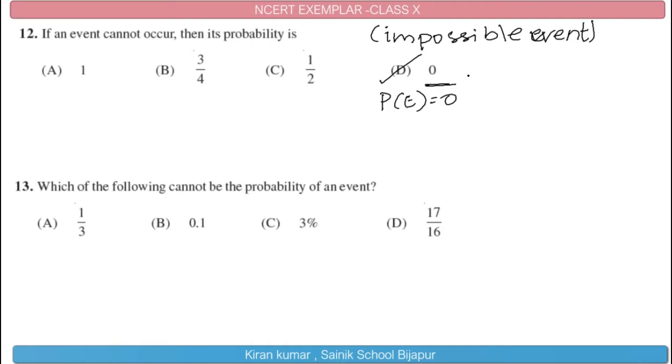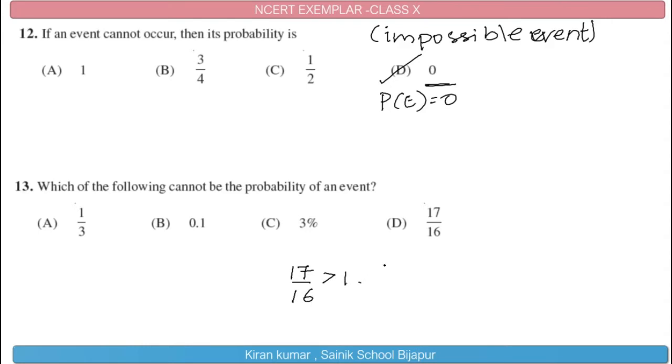Question 13. Which of the following cannot be the probability of an event? Look at these options here. It is 1 by 3, 0.1, 3%. This 1 by 3 is a fraction. 0.1 is nothing but 1 upon 10. 3% is nothing but 3 upon 100. 17 by 16 is a number which is greater than 1.